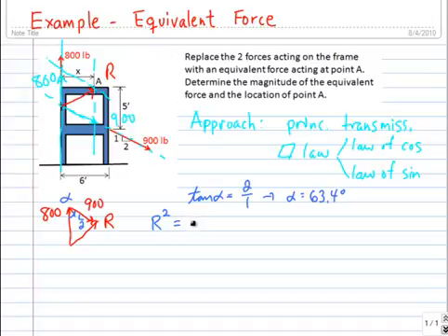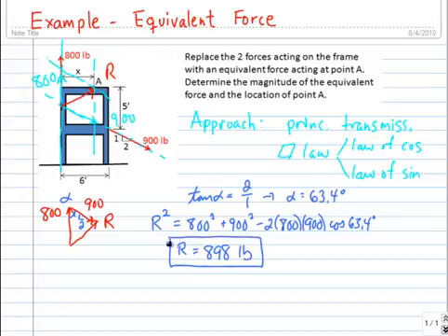Now the law of cosines gives us R squared is equal to 800 squared plus 900 squared minus 2 times 800 times 900 times the cosine of 63.4 degrees. So R turns out to be equal to 898 pounds. That's the resultant force, and now we need its direction, which we can define through this angle from the vertical, angle beta.